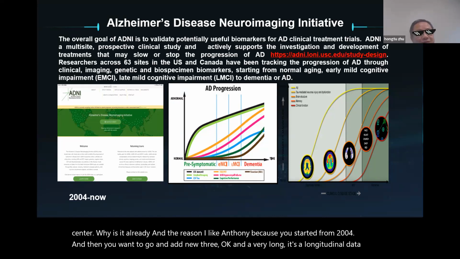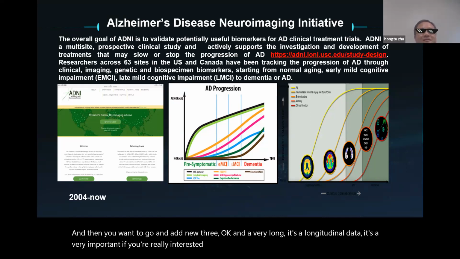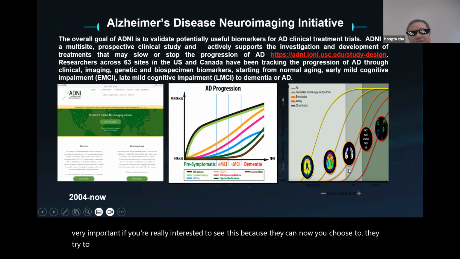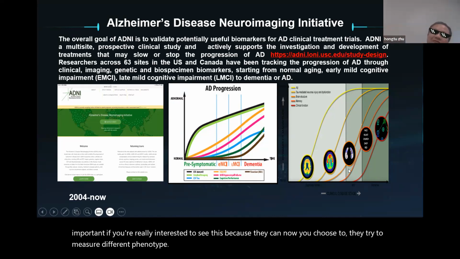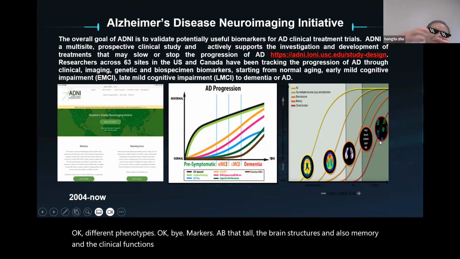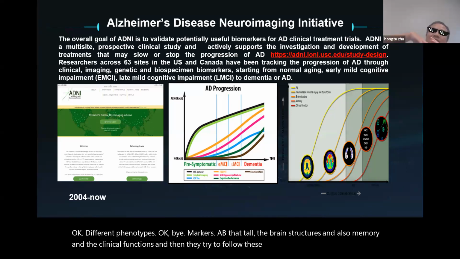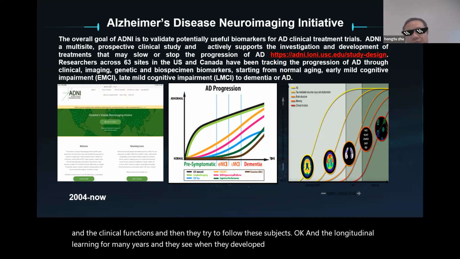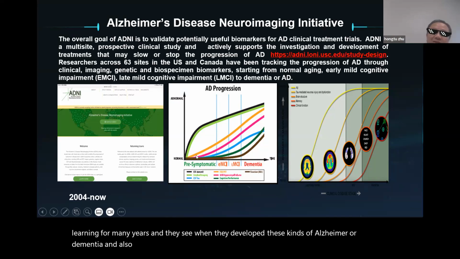It's very important because they measure different phenotypes, biomarkers like amyloid beta and tau, the brain structures, and also memory and clinical functions, and then they follow these subjects longitudinally for many years, and see when they develop Alzheimer's or dementia, and also how different subjects switch between the different stages.